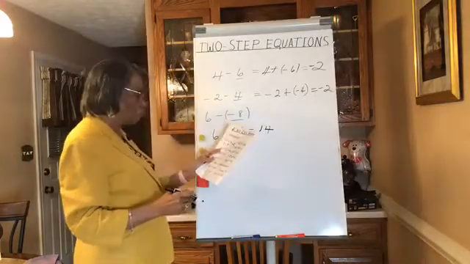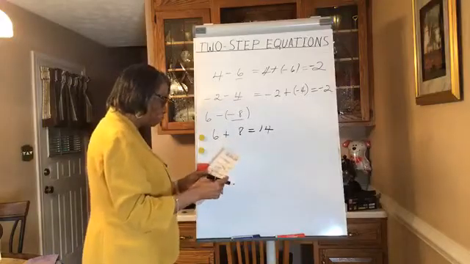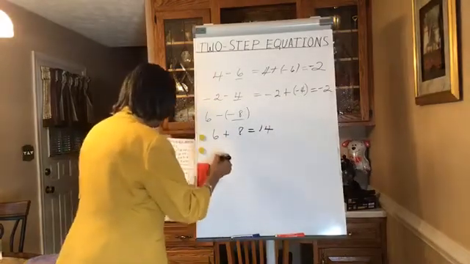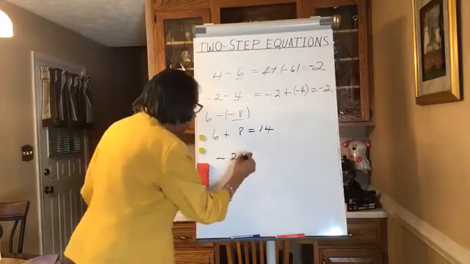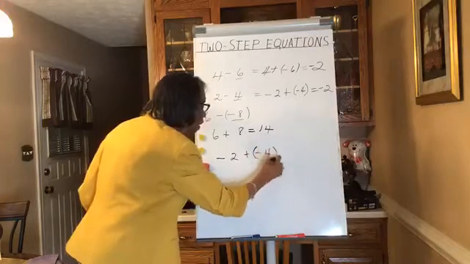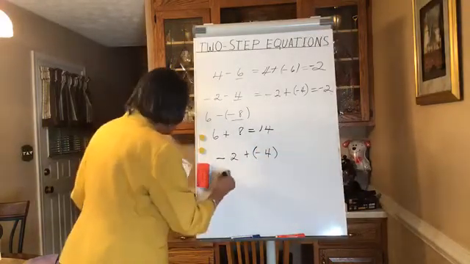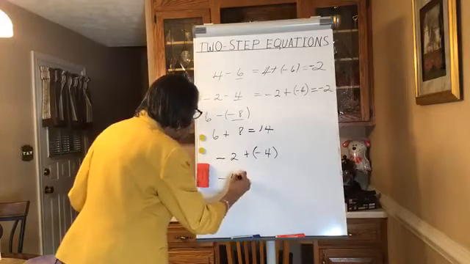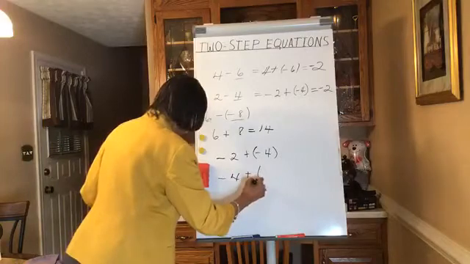I have a few more that I want you to try with addition. All right, let's do negative 2 plus negative 4. All right, and let's do negative 4 plus negative 6.